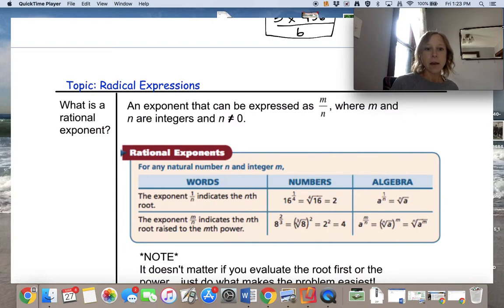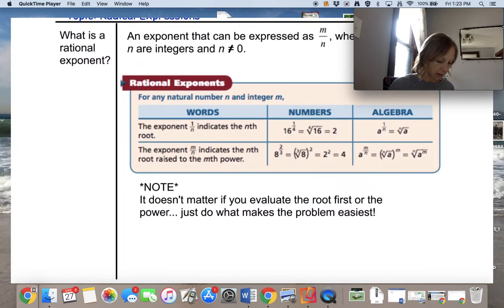Okay. We're going to look at rational exponents. A rational exponent is an exponent that's expressed as a fraction. Rational numbers are fractions. And so what happens is our index that we had right here, that fourth root, is always going to be the denominator of our rational exponent.